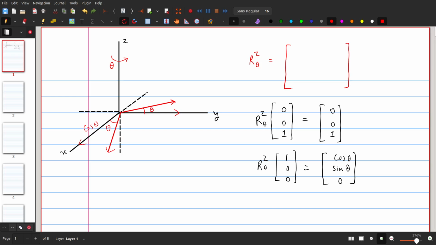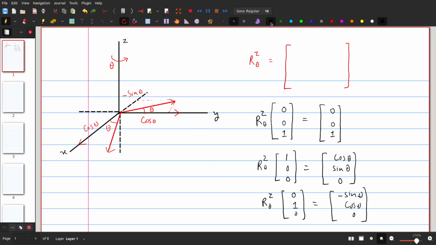So this vector, its y component will be cos theta, its x component will be sin theta in the negative direction, that is minus sin theta, and its z component will be 0. So we will have r theta z acting upon 0, 1, 0 equal to minus sin theta, cos theta, 0.